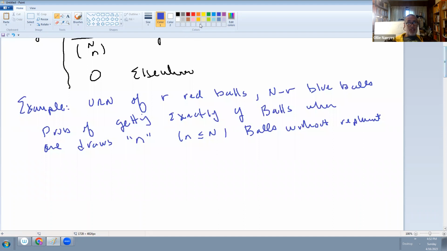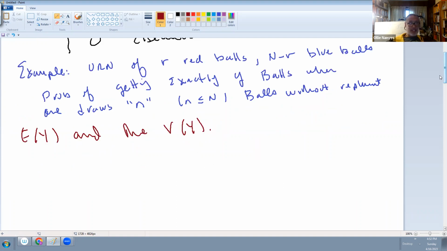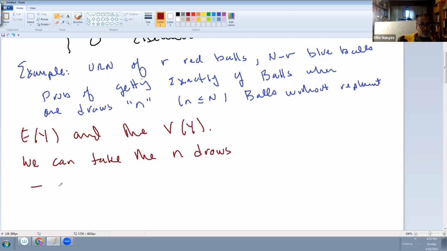And what we'd like to do is calculate the expectation of Y and the variance of Y. Now, how this is done, and I'm following our text, Wackerly Mendenhall, is that we can take the n draws and divvy them up as follows.